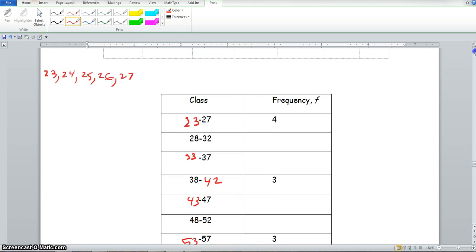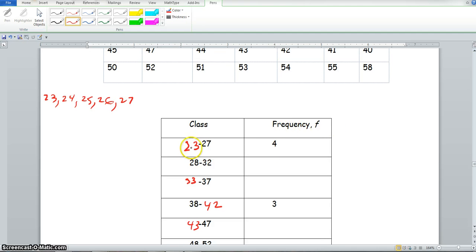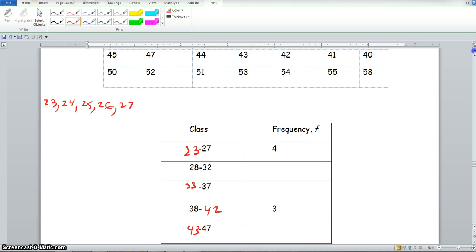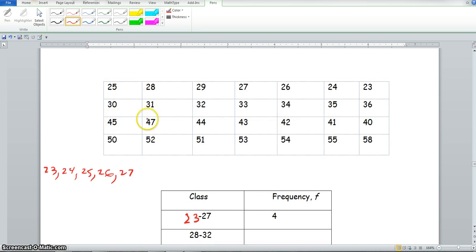Now, what we have to do is find the frequency. What the frequency is basically asking you is, how many times do numbers in this range appear? Now let's take a look here, 23 to 27.